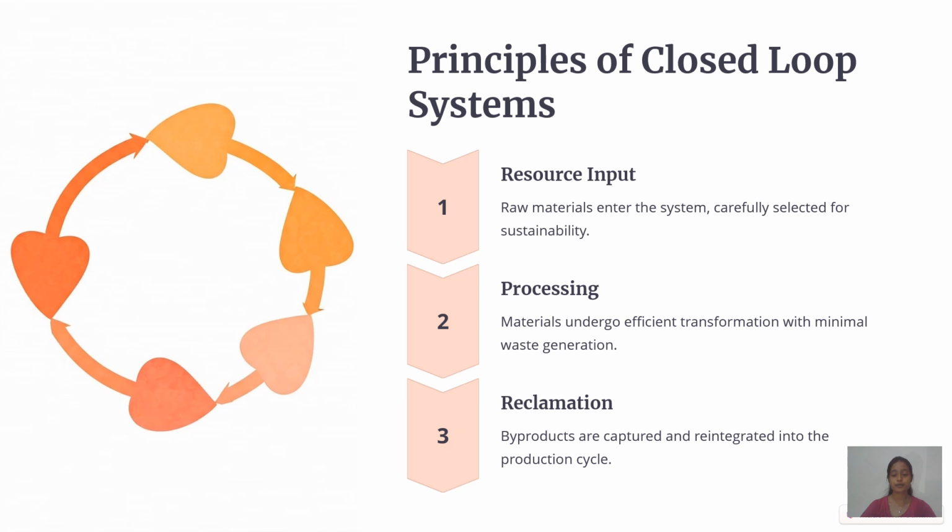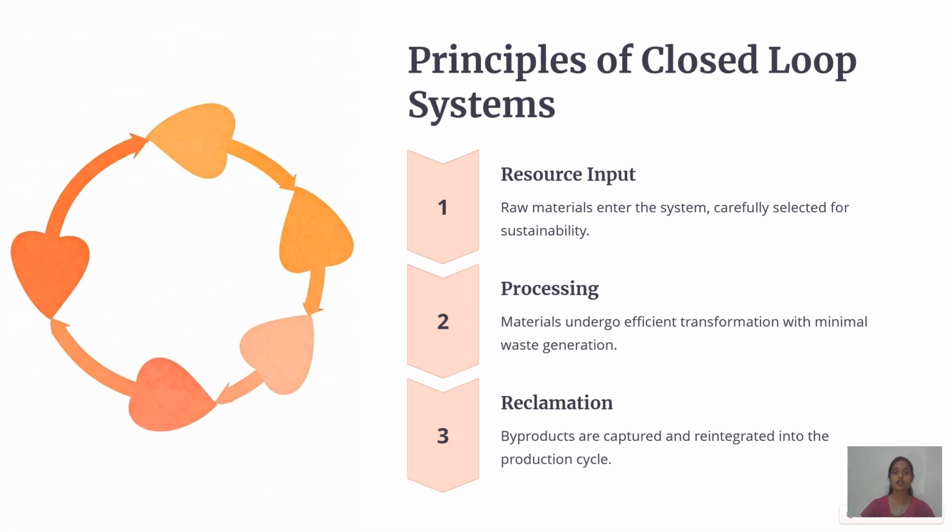Next, we have principles of closed loop systems. So the closed loop systems are designed to reduce the resources by creating a circular flow of materials such as energy or water, reducing waste and resource consumption. So in these systems, outputs from one process will serve as the input for another process. So this will minimize the environmental impact and it will promote the sustainability.